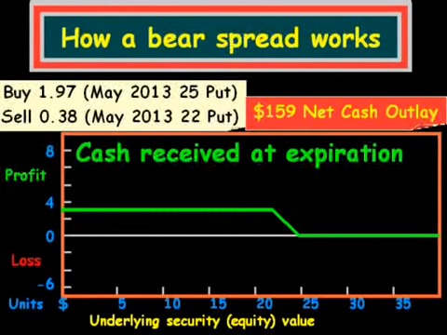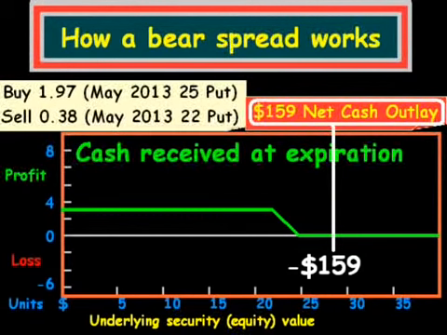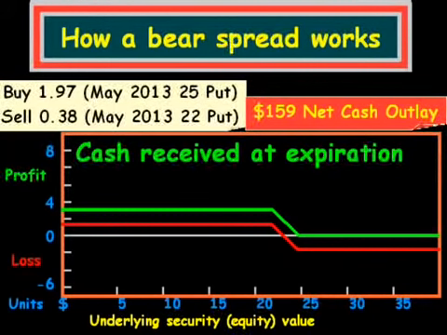Now the next part we have to figure out is what our net profit is. Essentially we have a $159 cash outlay, and I'm going to put negative 159 down there, and we have to subtract that from the cash received at expiration to make our graph. If we go down 159, our graph looks like this. And the red is the amount of our net profit or net loss.